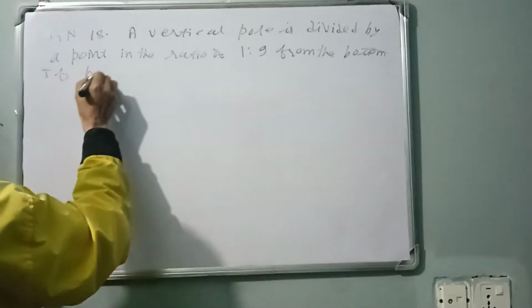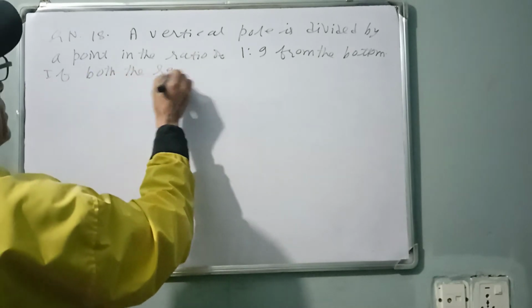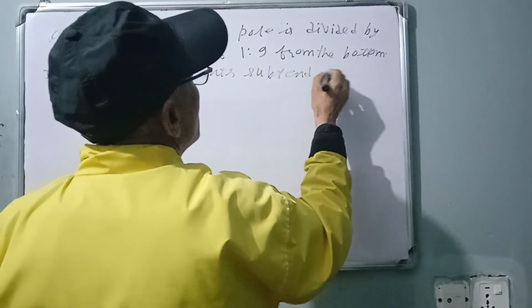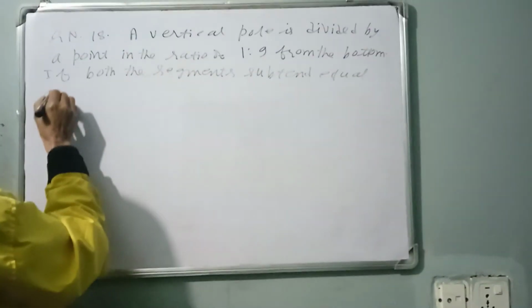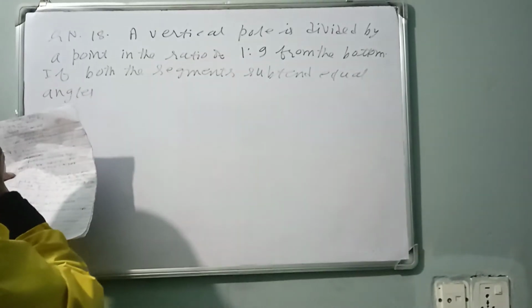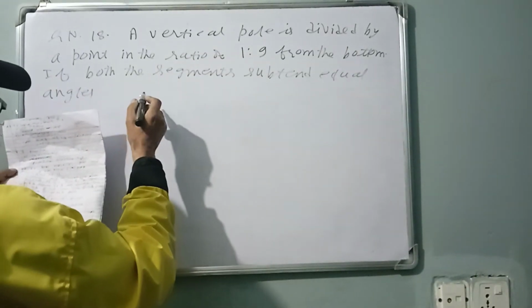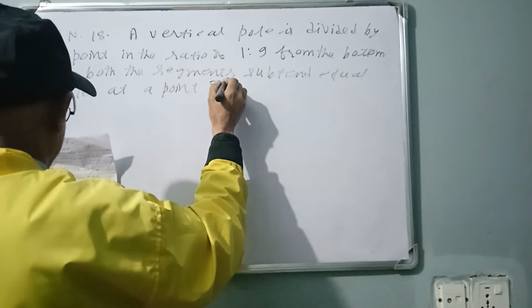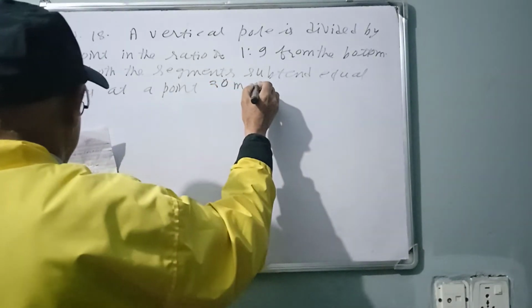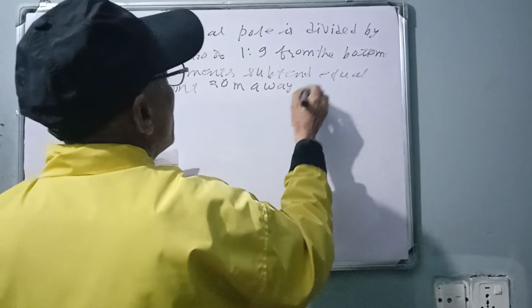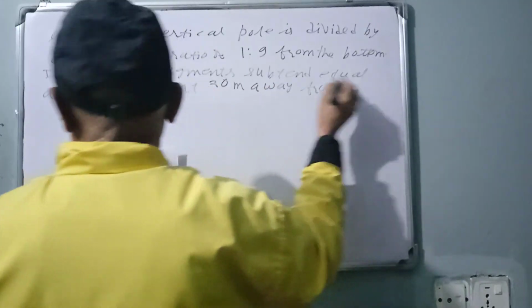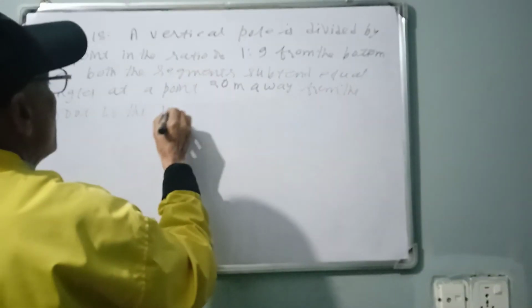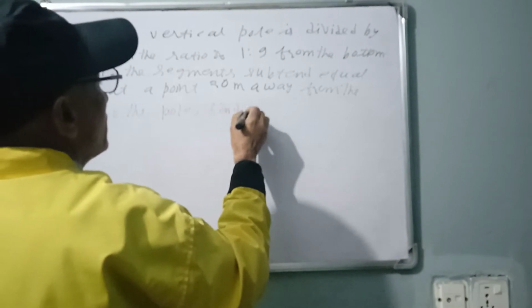If both the segments subtend equal angles at a point 20 meter away from the foot of the pole. Find its height.